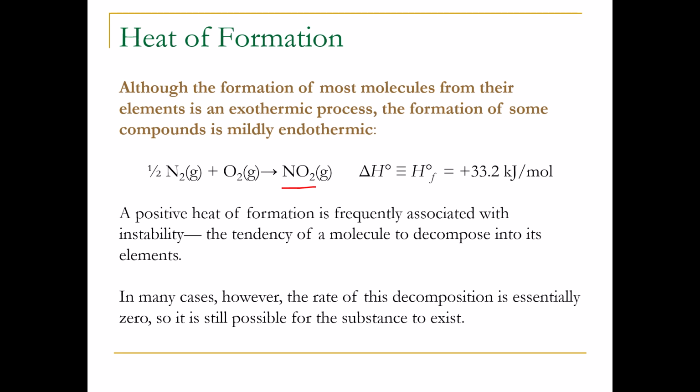So it is likely to break down into an O2 or to react with something else because it has an odd number of electrons. So we have a positive heat of formation value indicating some level of instability. But NO2 still exists. So NO2 is still something we can isolate and we can see. It just means its rate of decomposition is not very quick.